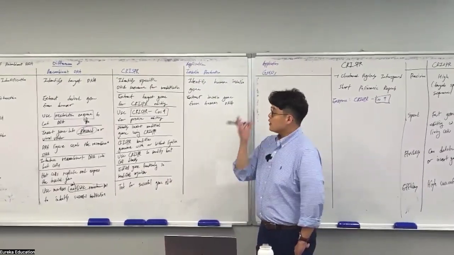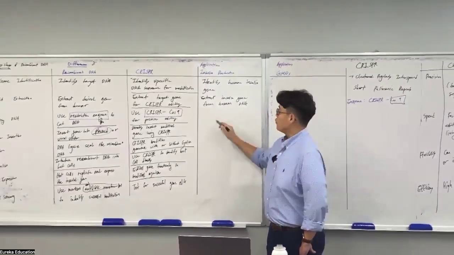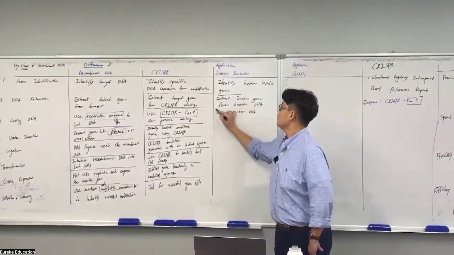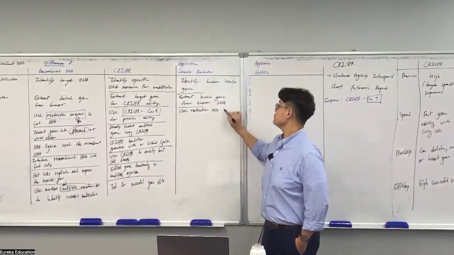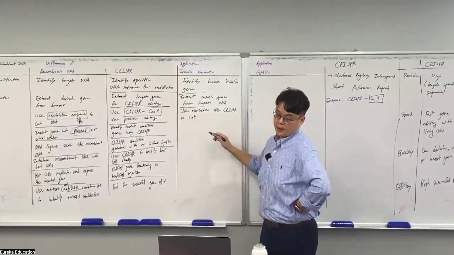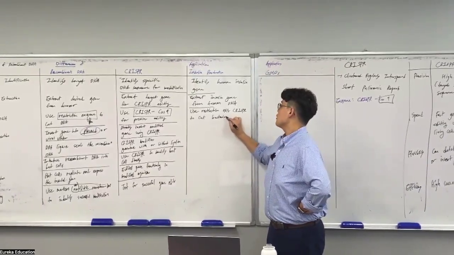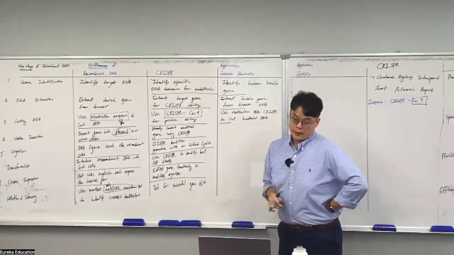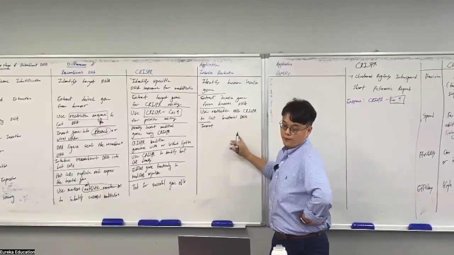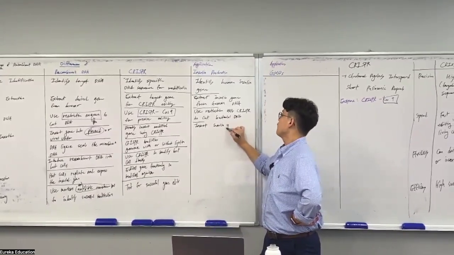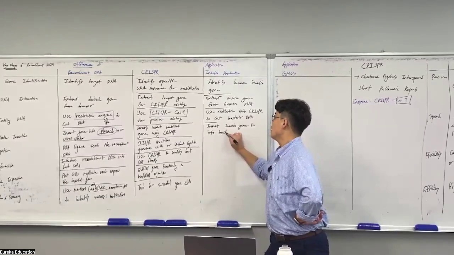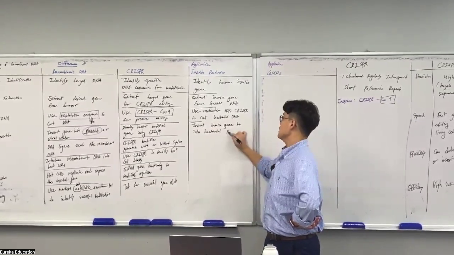After we identify and extract the DNA, we can use either the restriction enzyme or the CRISPR to cut the bacterial DNA first, and we use the bacterial plasmid. Then we insert the insulin gene into the bacterial plasmid.